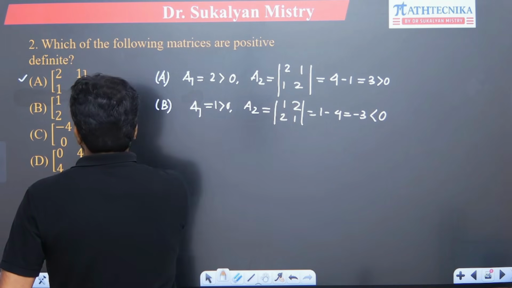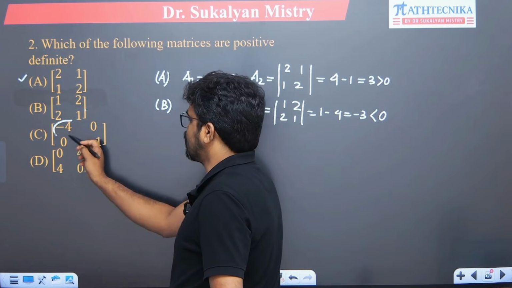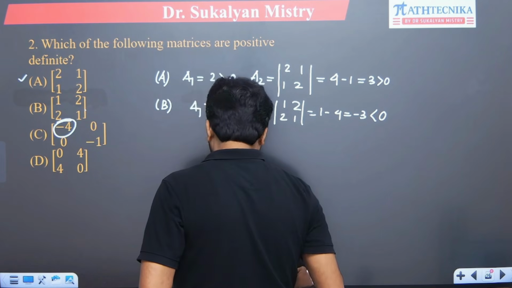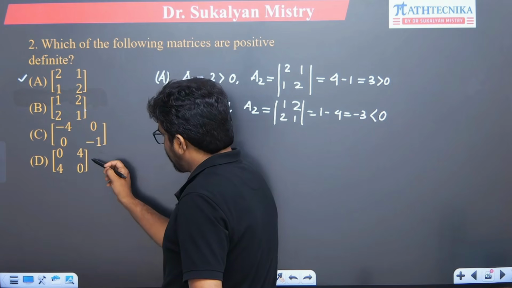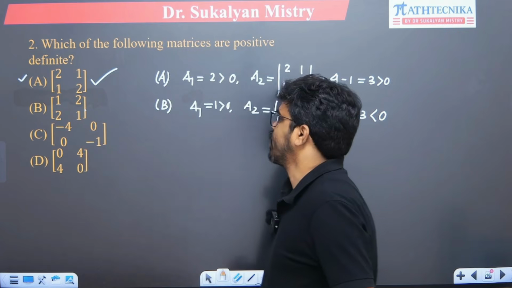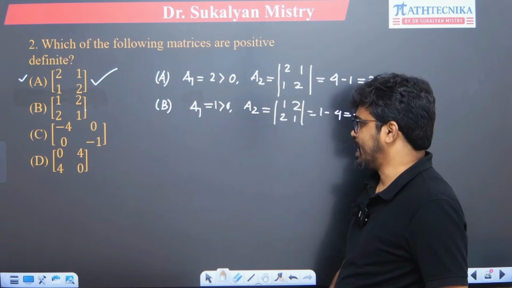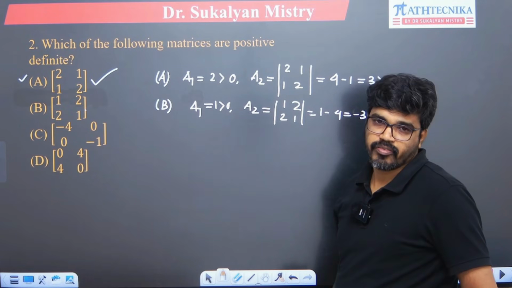Next, this cannot be positive definite, as this determinant is negative, so the only possibility is the other one. So with the help of the minor method we can easily check that this is positive definite.